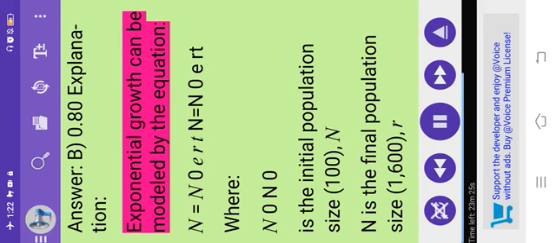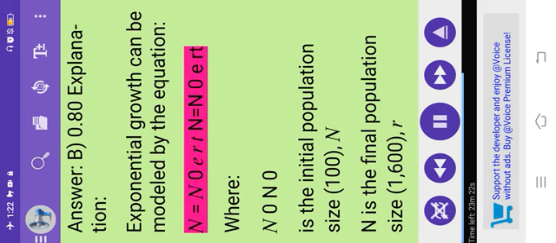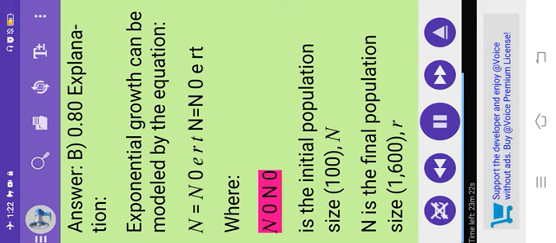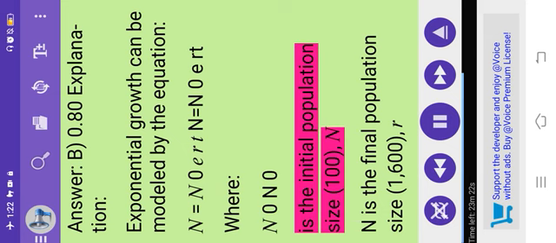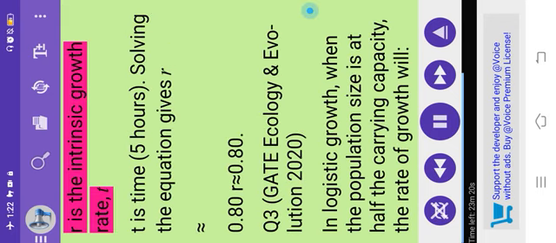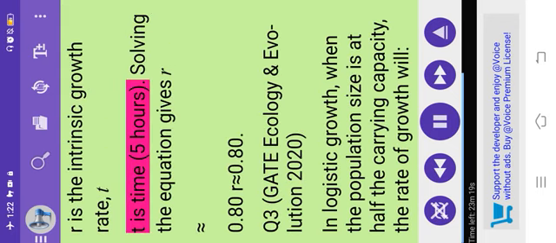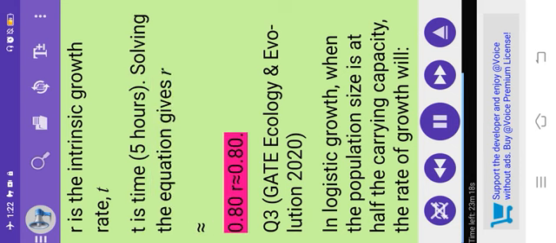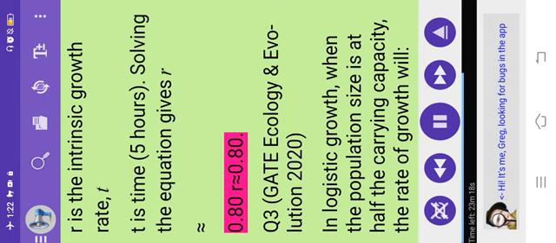Explanation: exponential growth can be modeled by the equation N equals N0 e^(rt), where N0 is the initial population size, 100, N is the final population size, 1,600, r is the intrinsic growth rate, and t is time, 5 hours. Solving the equation gives r approximately equals 0.80.